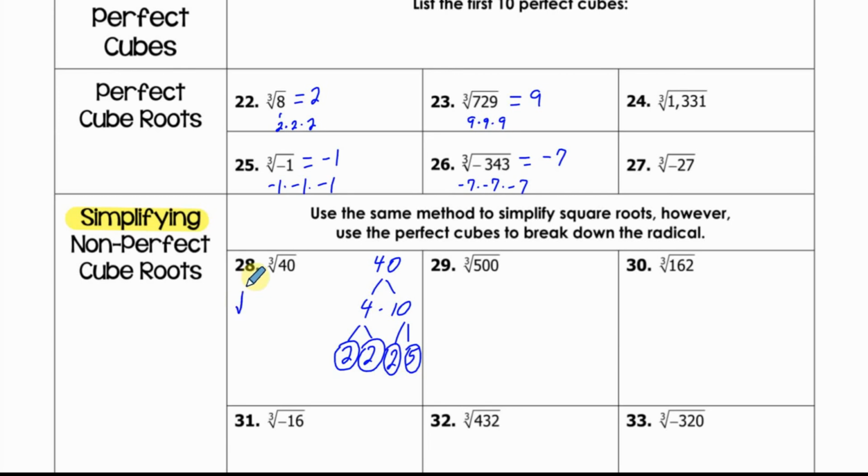So now I have the cube root. Now you do have to put your 3 out here, remember? It's cube root. It helps you remember that you're looking for groups of 3. 2 times 2 times 2 times 5. Now, whereas before when we were doing square roots, we circled pairs, now we want to look for and circle groups of 3. Now I have 3 2's here.